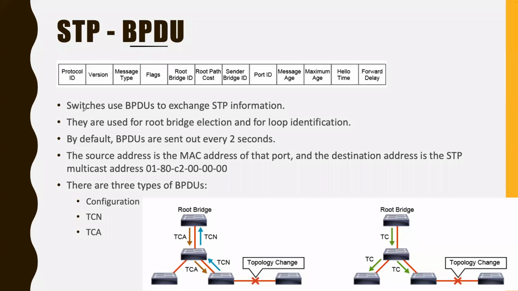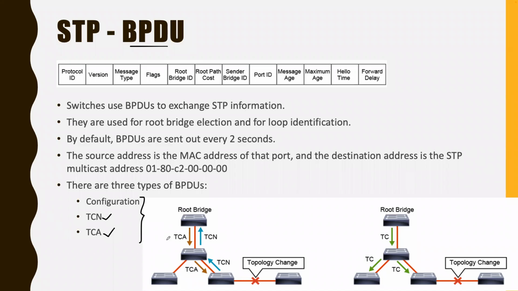In normal STP operation, there are three kinds of BPDUs. One is the configuration BPDU, one is the TCN, topology change notification, and the third one is the topology change acknowledgement. Your root bridge will be sending the configuration BPDUs.